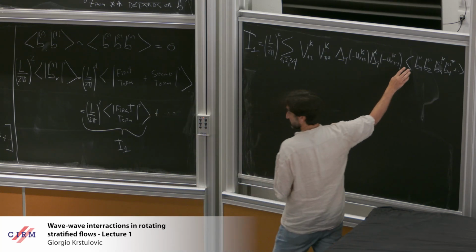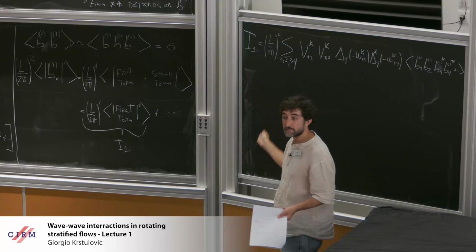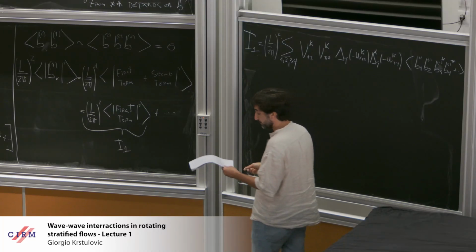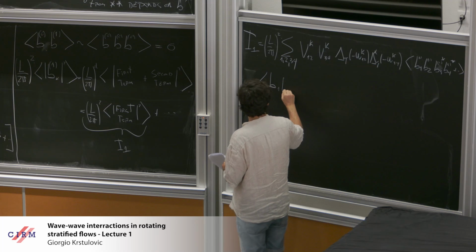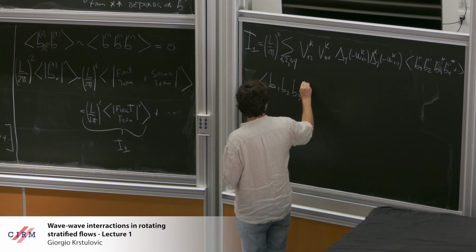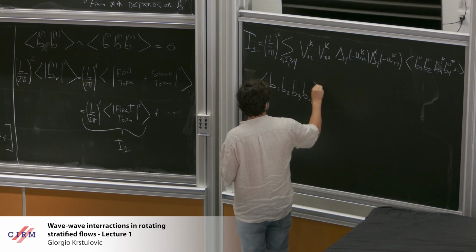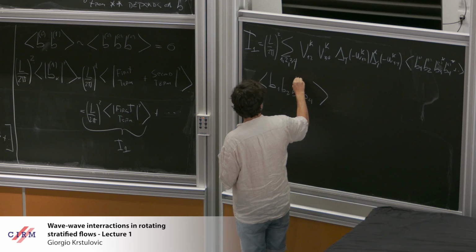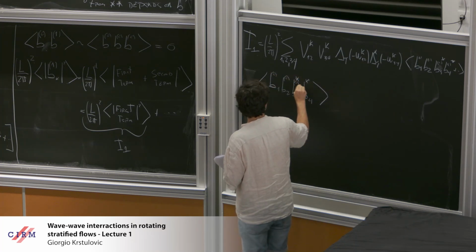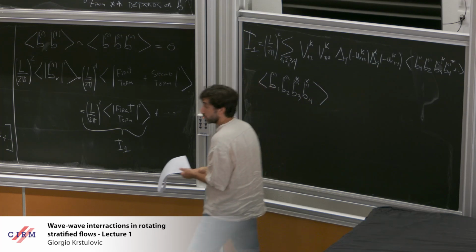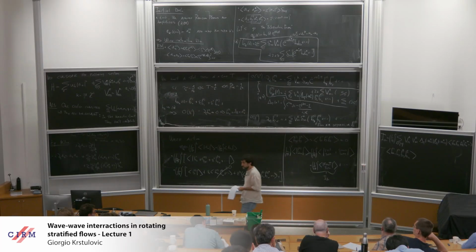And this guy is nice because you know how to compute it exactly in terms of the lower order moment, okay? So B1, B2, B3, B4, to start. This is the initial data. You just need to contract the different pairs.